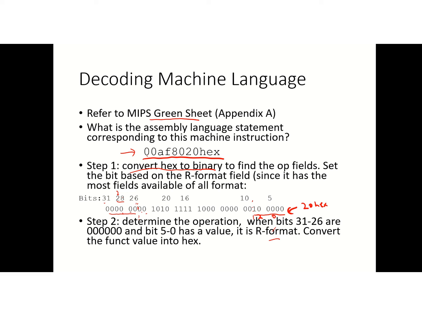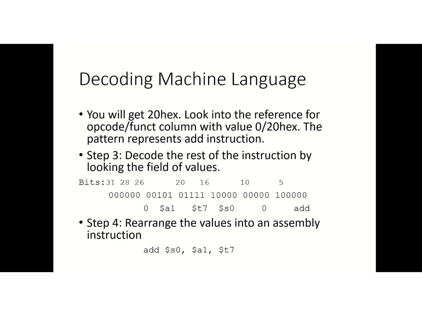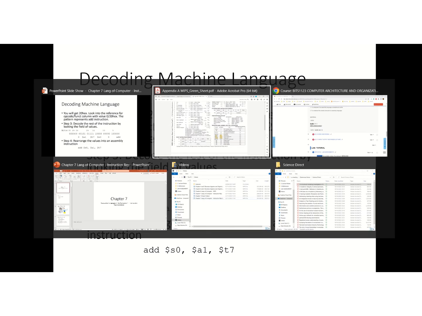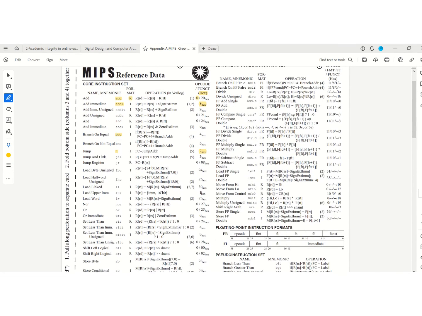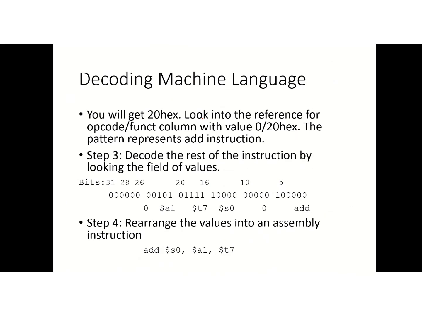So you can start to look at the MIPS green sheet. Opcode is 0, function is 20 hex, right? So that is the add command. Then you can decode the rest by following the R format.